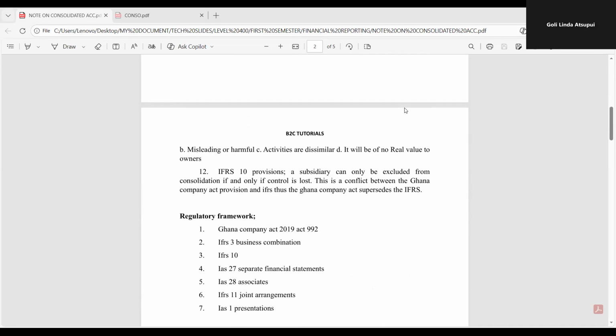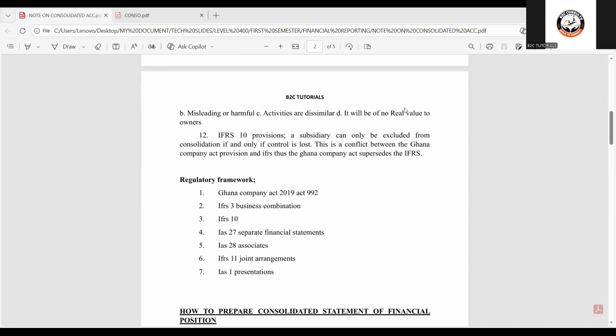We went through that and then we realized that we have a few regulations that would regularize the preparation of consolidated financial statements. One was the Ghana Companies Act 2019, Act 992. Then we have International Financial Reporting Standard 3, Business Combination, where you combine two or more businesses.